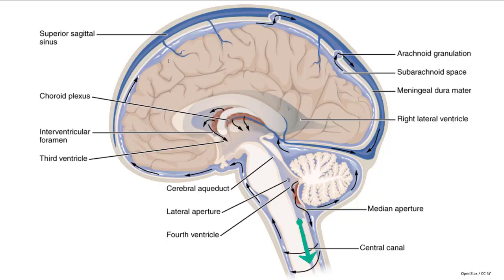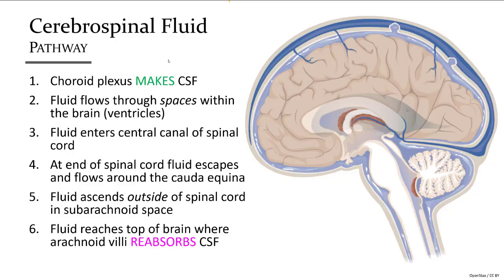The fluid that travels down the central canal of the spinal cord returns back up to the brain in the subarachnoid space on the outside of the spinal cord, then to the arachnoid villi at the top of the brain. From the 4th ventricle, cerebrospinal fluid can also escape and go directly to the subarachnoid space around the brain.